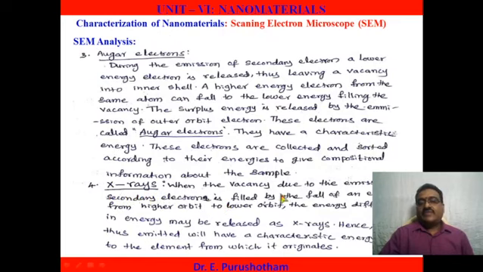X-rays. When the vacancy due to the emission of secondary electrons is filled by the fall of an electron from a higher orbit to a lower orbit, the difference in energy may be released as X-rays. Hence, the X-rays emitted will have a characteristic energy unique to the element from which they originate.